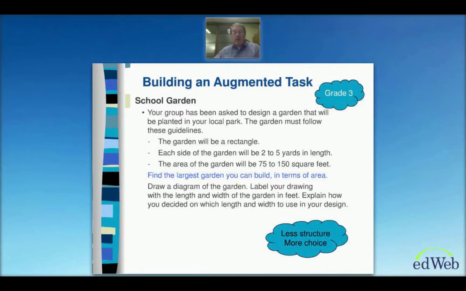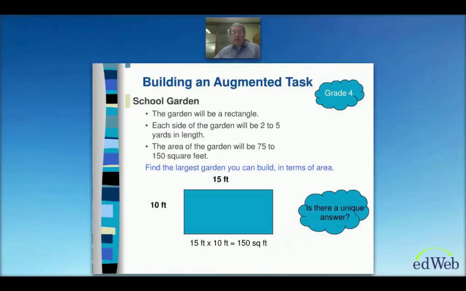But if I ask for a maximum area, then what I might find is that some students would come up with something like this. They would realize that 150 is the target for this particular maximum, and if they play around a little and try some different dimensions, maybe they would come up with something that's 15 by 10. So in this case, there's a unique answer, but there doesn't have to be a unique answer.